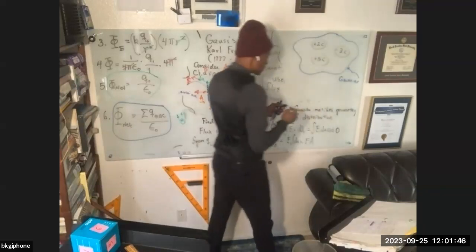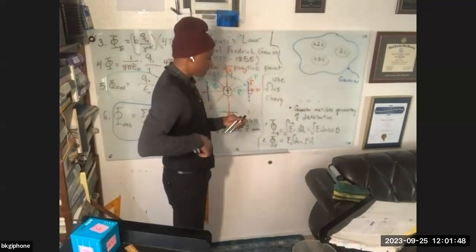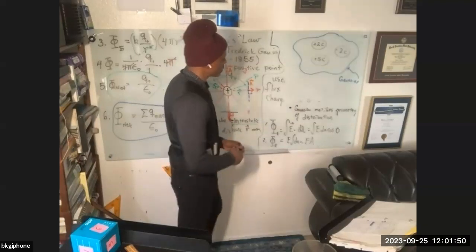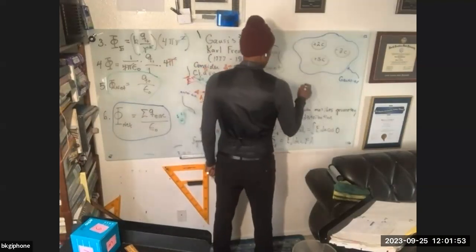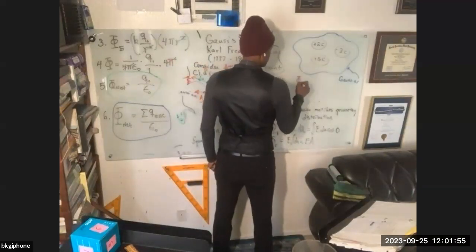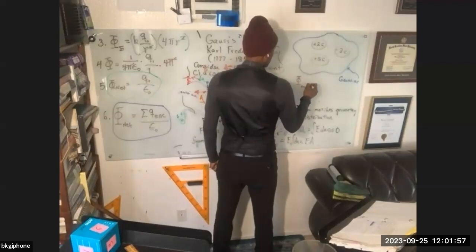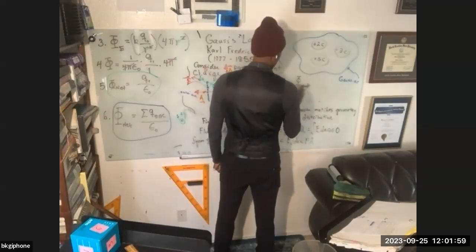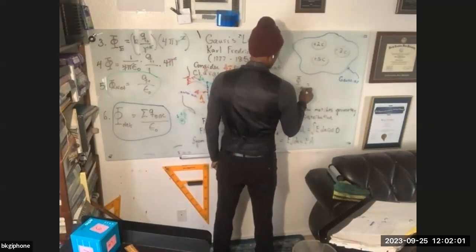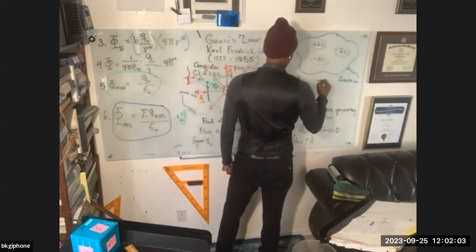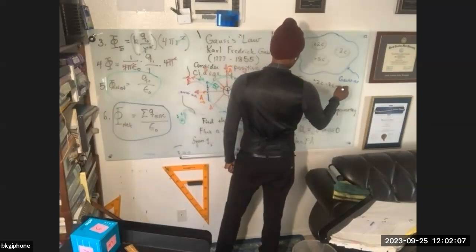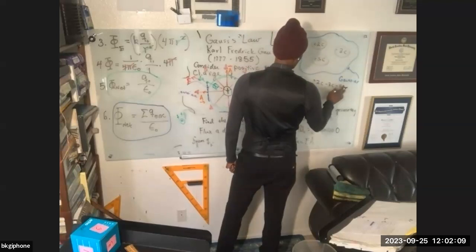Well, the beauty of Gauss's law is that I don't have to do all that stuff I just did. All I have to do is add up the charges, just basically apply this equation. The net flux of that surface is going to be the total charge, 2 coulombs minus 3 coulombs plus 5 coulombs, divided by epsilon naught.